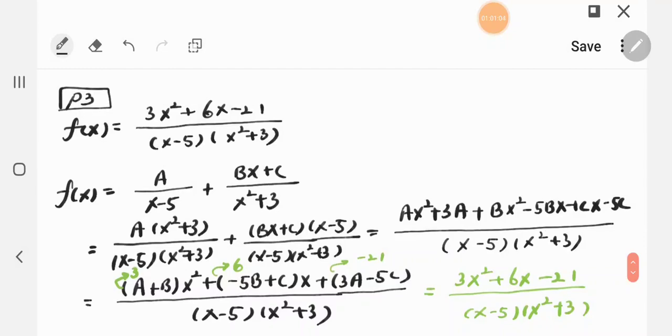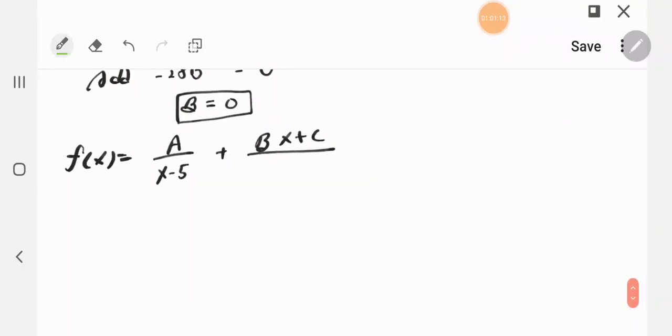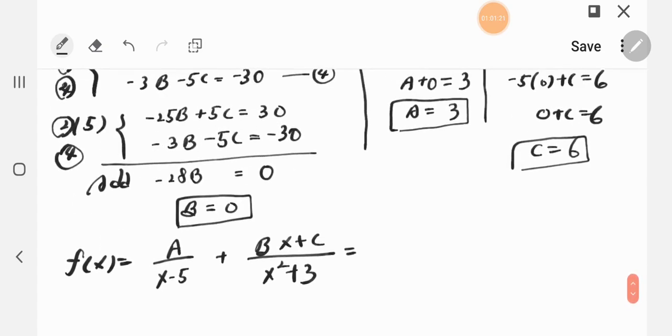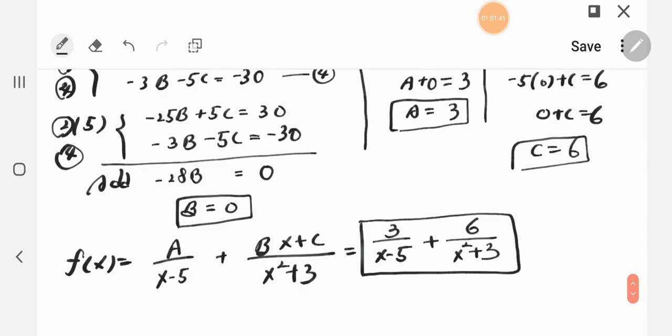We already found a, b, c, so we can replace them here. A is 3, so we have 3 over x minus 5 plus, b is 0, so 0x is 0, and c is 6, so we have only 6. So this is the partial fraction decomposition of the function.